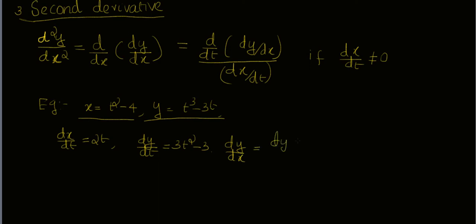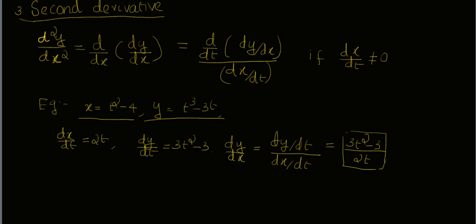This is equal to dy by dt divided by dx by dt. Already we have got 3t square minus 3 divided by 2t. This is dy by dx.